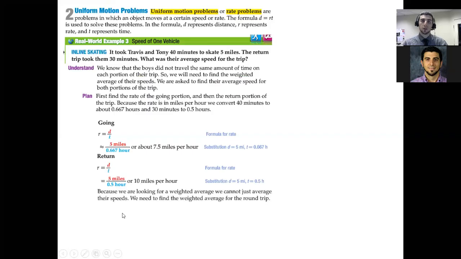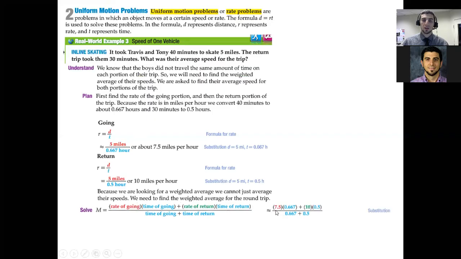Because we're looking for the weighted average, we cannot just average their speeds. We need to find the weighted average for the round trip. So you do the rate of going times the time of going plus the rate of return times the time of return, divided by the total time, how long it took to go out and how long it took to go back.